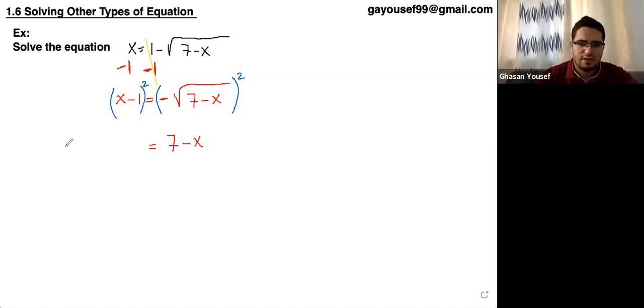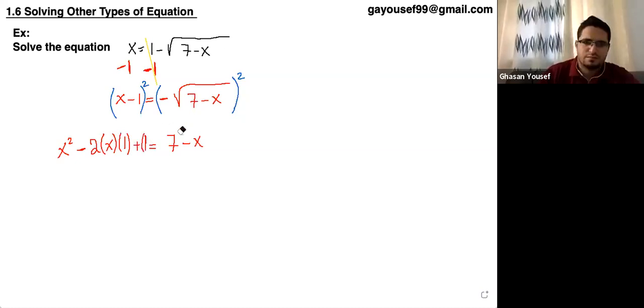And on this side I will get x squared minus 2 times the first term times the second term 1 plus the second term squared, the 1 here squared.